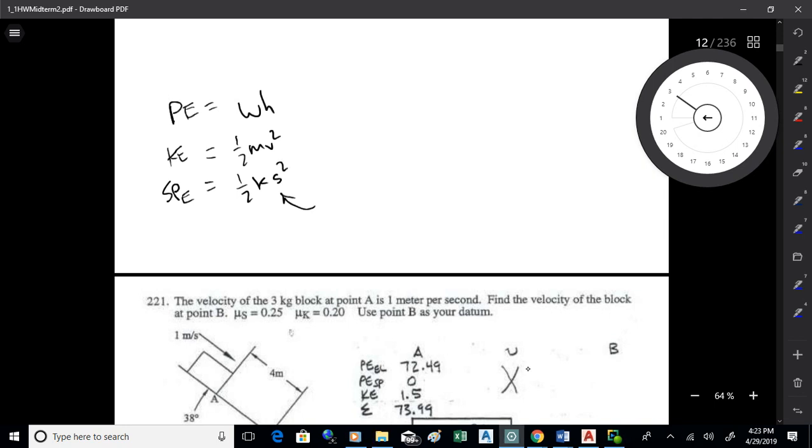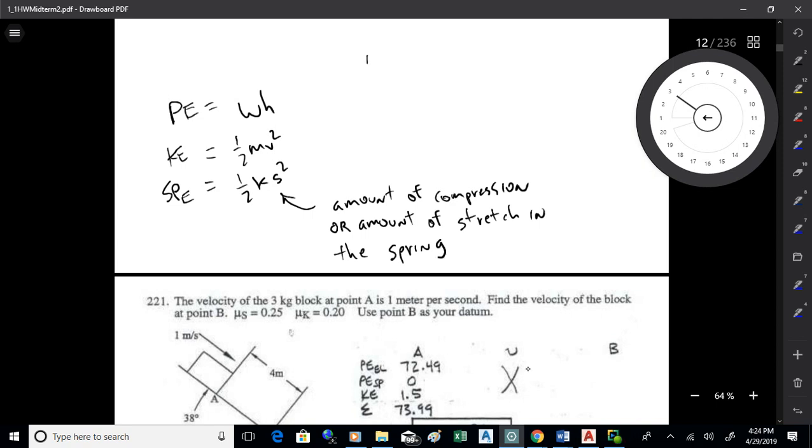And s is the amount of compression or amount of stretch in the spring. So those are the 3 kinds of energy that we deal with in our mechanical systems.